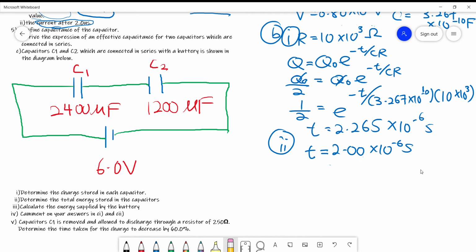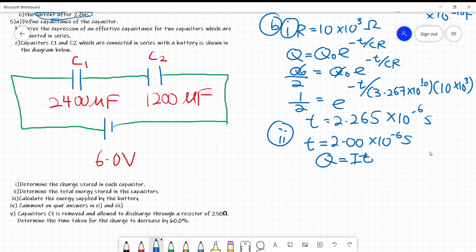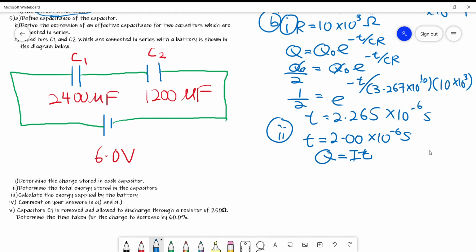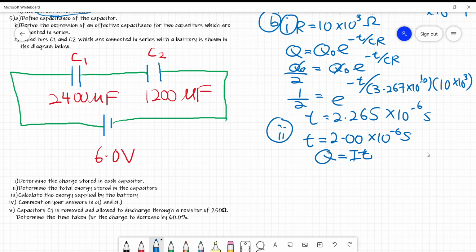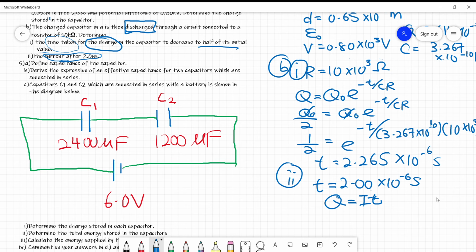If I'm not mistaken, I can use this formula directly, which is Q is equal to IT. So my charge, okay, so I can find out what is my charge. No, sorry. This is not working actually.